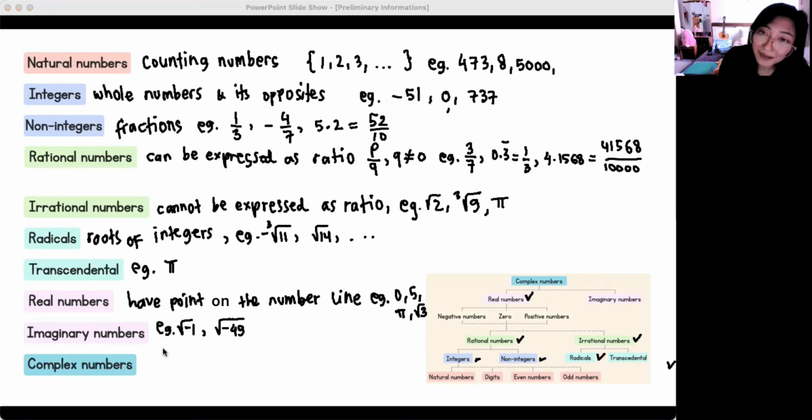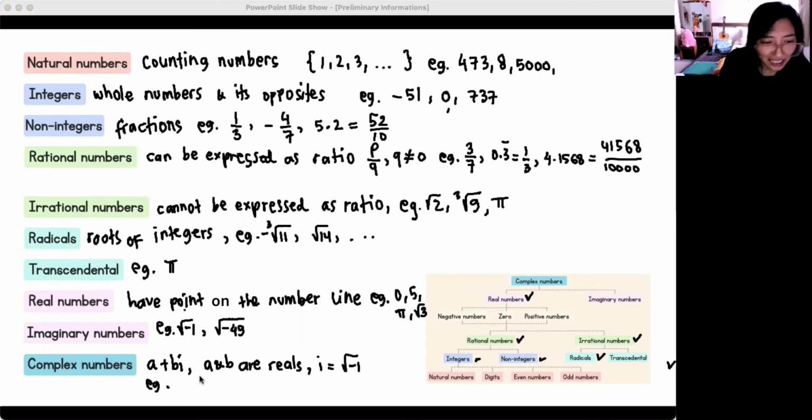Okay, the complex numbers are the larger set from real numbers and imaginary numbers. So we can express this as a plus bi, where a and b are reals, while i is the square root of negative 1, the imaginary unit.